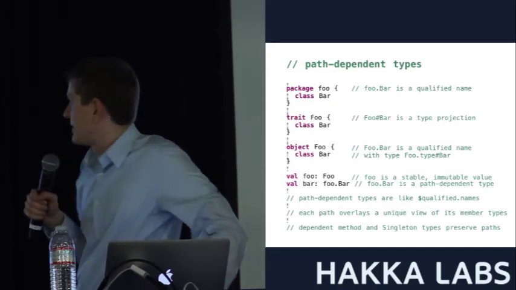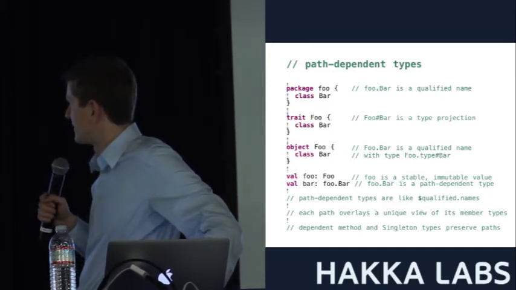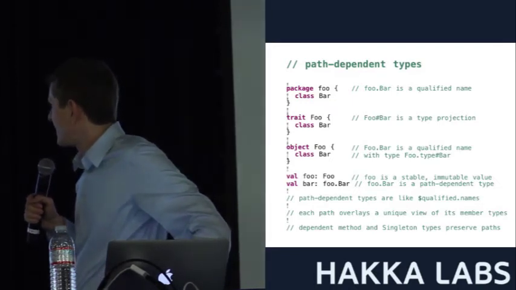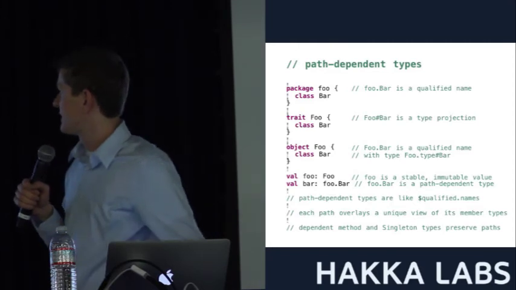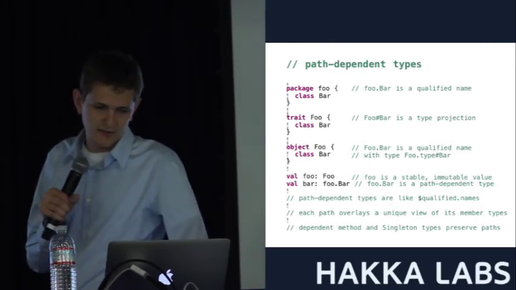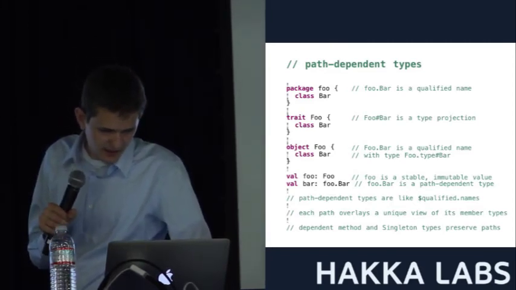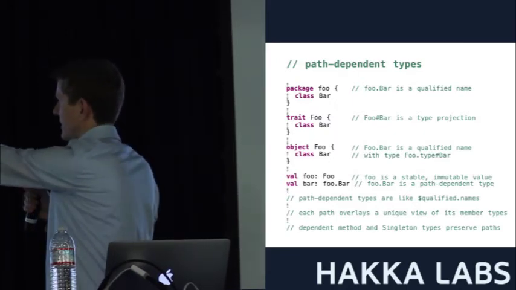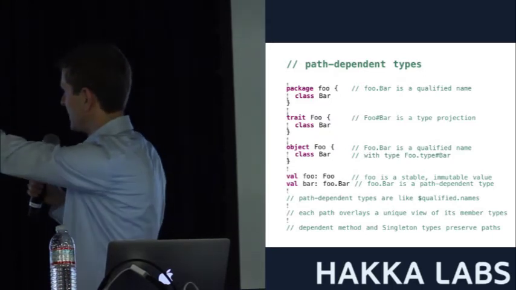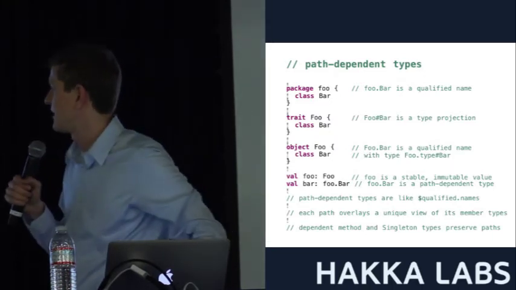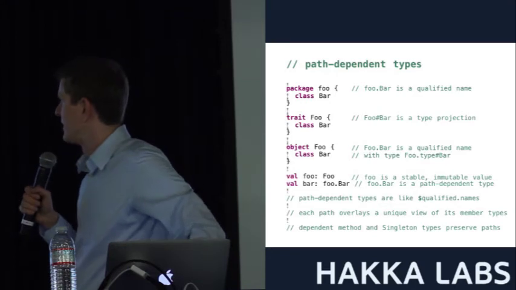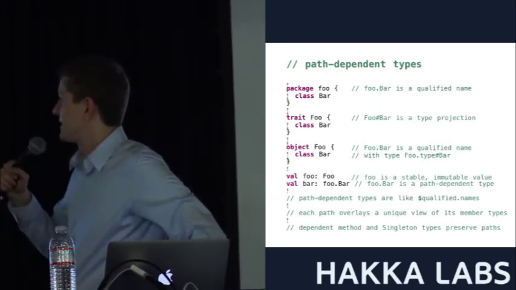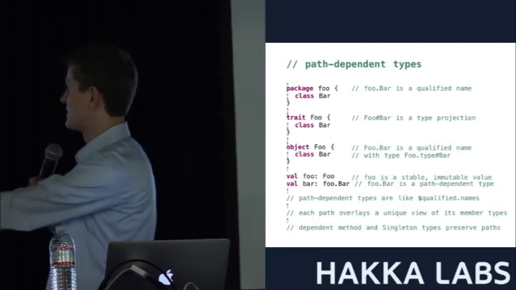And a little more about path-dependent types and how they relate to qualified names. I think of them as a pretty natural extension, actually, of qualified names. So you've got your typical package with a class, and that's your normal, ordinary qualified name, which you can import, etc. But if you've got a type inside a trait, you have to use this hash.